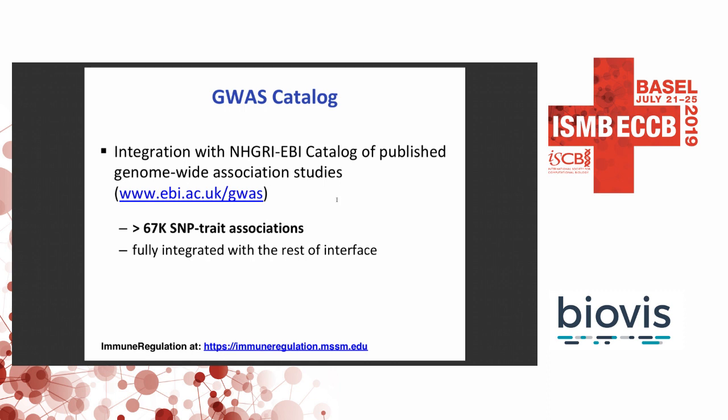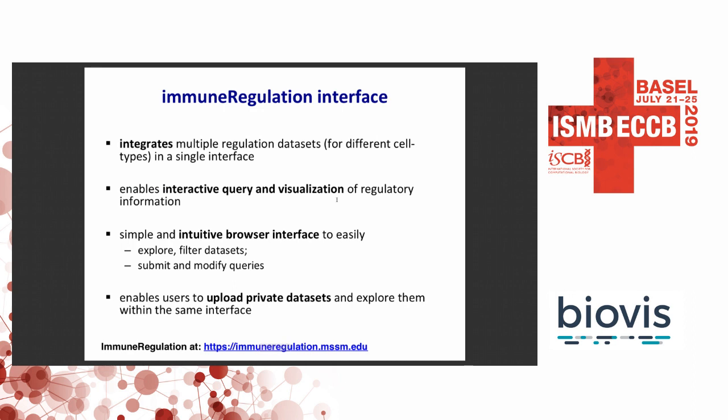We also wanted to provide the users an opportunity to look at traits associated with these variants. So we integrated the NHGRI-EBI catalog of GWAS studies, with more than 67,000 variants, SNPs, that are associated with specific traits. And this is also integrated fully within the interface.